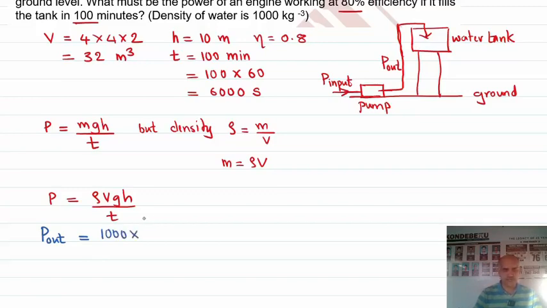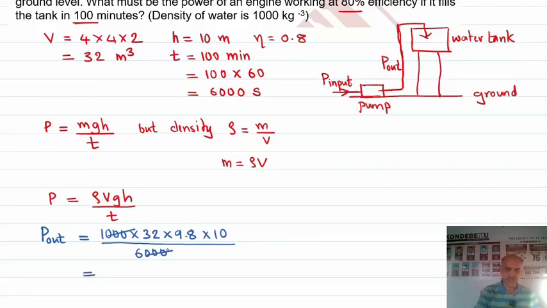Volume he has given, 32. g I will take 9.8. Height 10 meters, whole divided by time taken. Time taken to lift is 6000. So in one step you can calculate. Again 3 zeros get cancelled. So I will use the calculator.